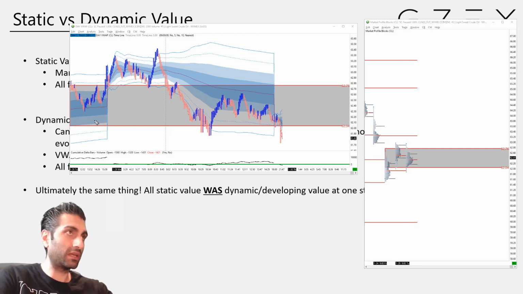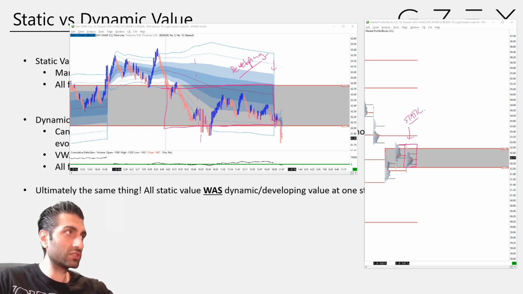And let me do it with a pen. This session here, the RTH session, was this basically. And my point is, at one stage, it was an evolving profile, wasn't it? That's all my point is: this is now static, but before the day closed, it was dynamic or developing. That's all I'm trying to show you.